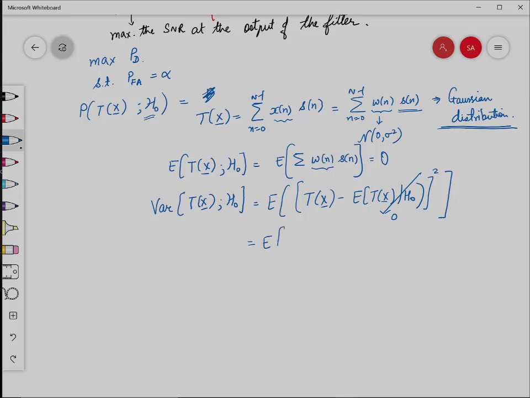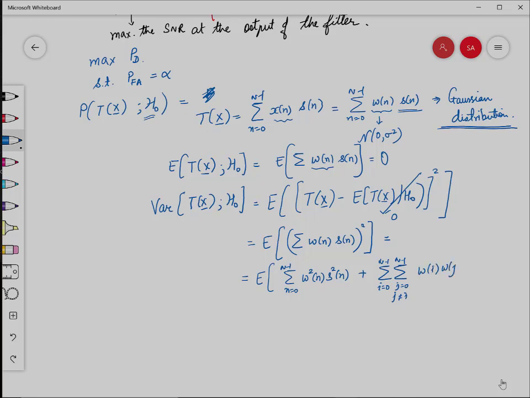So this turns out to be the expectation of the summation of w[n] s[n], whole squared. The first terms will be w[n] squared s[n] squared, n goes from 0 to capital N minus 1, plus the other terms, which will be the double summation, the cross terms: i equal to 0 to capital N minus 1, j equal to 0 to capital N minus 1, j not equal to i, w[i] w[j] s[i] s[j].